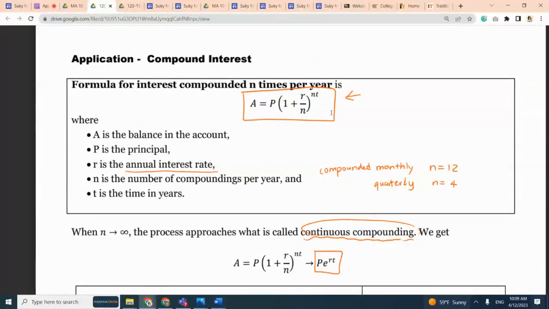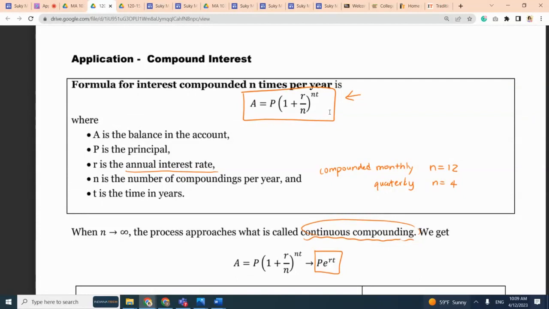Okay, so how do we get this formula? Let me draw on the board here. You start with the principal, and let's say we just compound it once per year, and the annual interest rate is r.